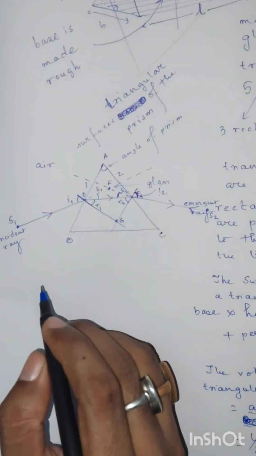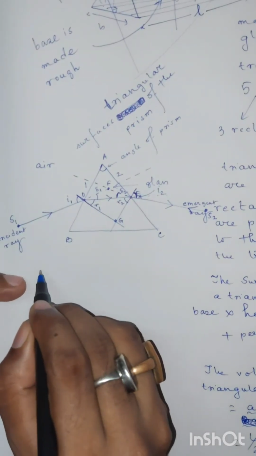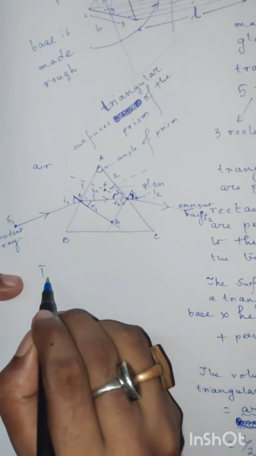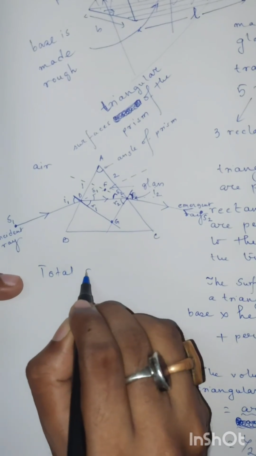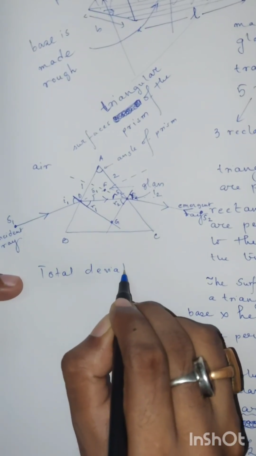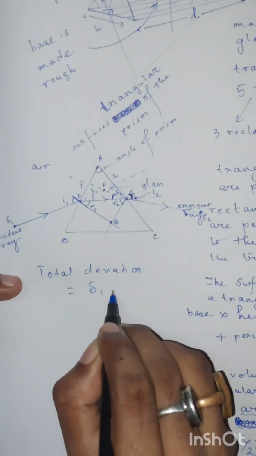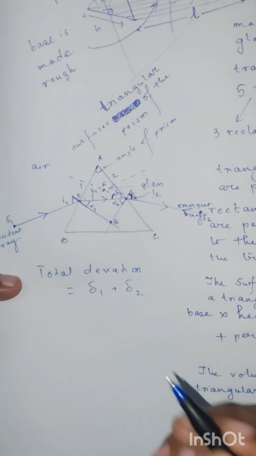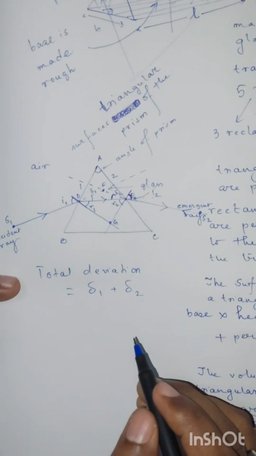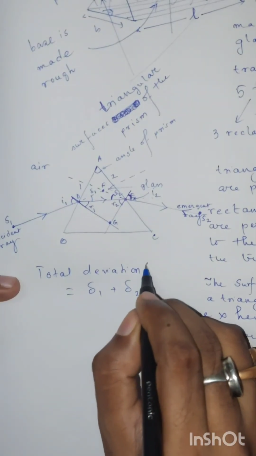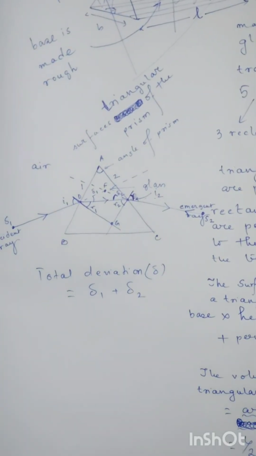Now if we calculate the total deviation produced by the prism, it is equal to delta 1 plus delta 2. Total deviation delta is equal to delta 1 plus delta 2.